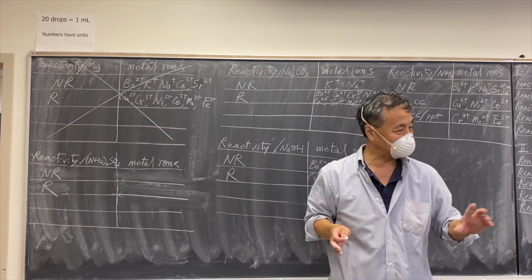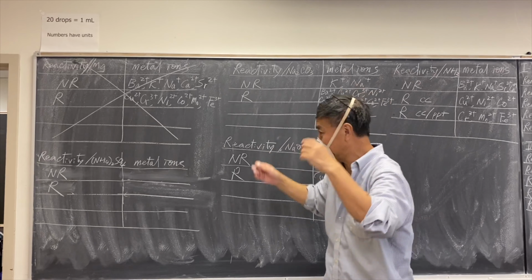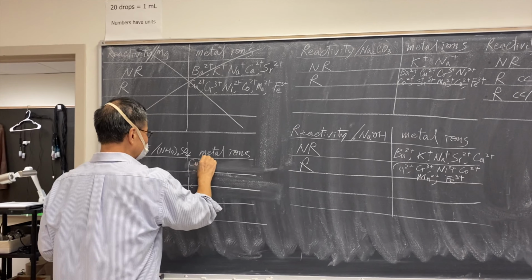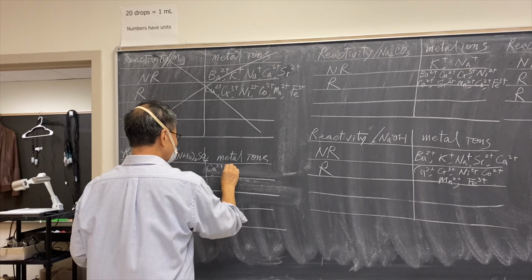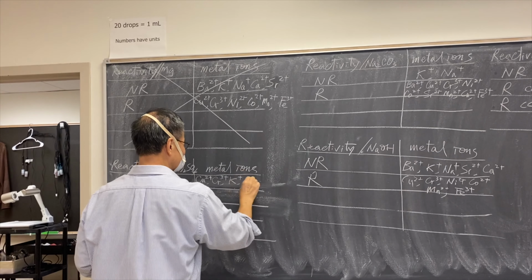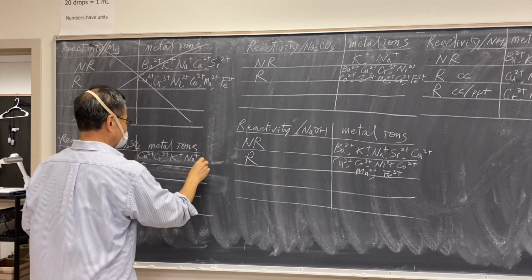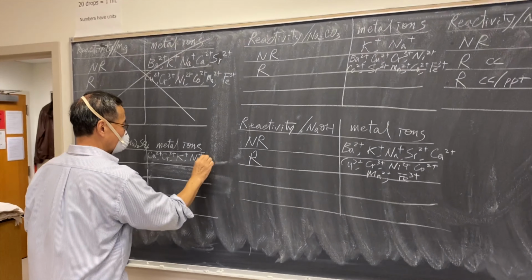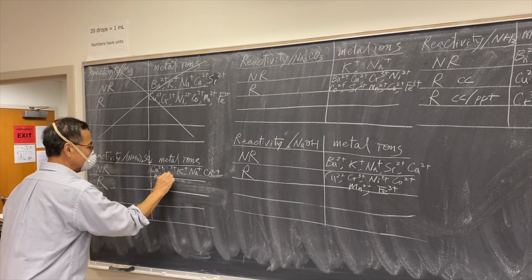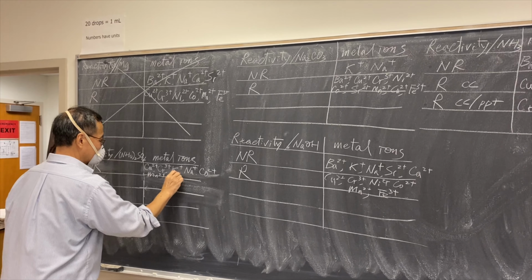Well, simply, I had no reaction first, so I will use that. And on page 49, you can see no reaction first. All right, I'm going to do no reaction first, which is copper 2, and then chromium 3, potassium, sodium, and cobalt 2, manganese 2, and iron 3.